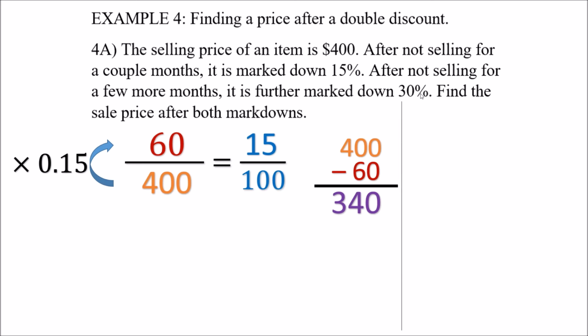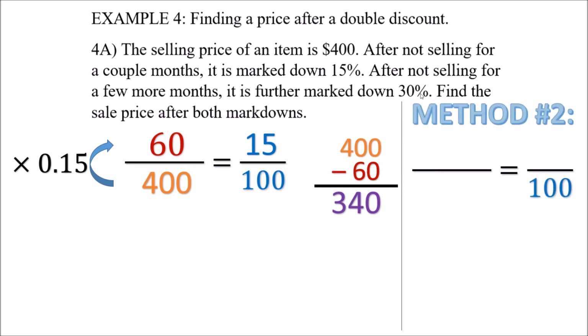Now, if we were doing method 2, instead of doing 15%, we would do 100 minus 15%, which is 85%. So the new sales price is going to be 85% of the original price. So 85% of 400, you take this and multiply by 0.85 will be $340.